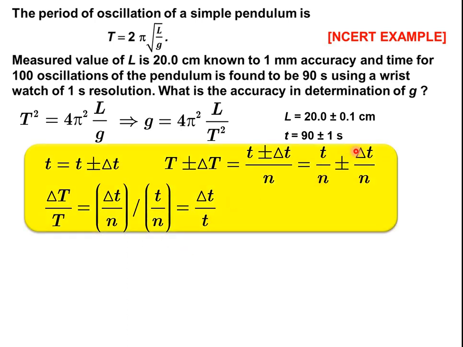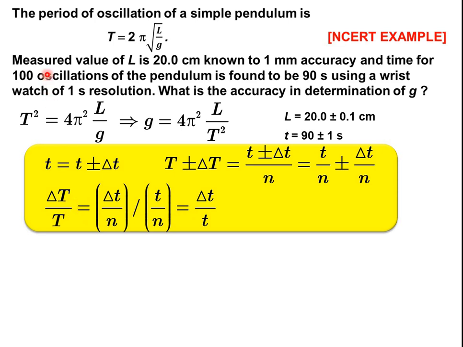Okay. This yellow portion was just to make you understand that delta T by T, error in time period by time period, is same as error in time for 100 oscillations divided by time for 100 oscillations. So these two are equal.